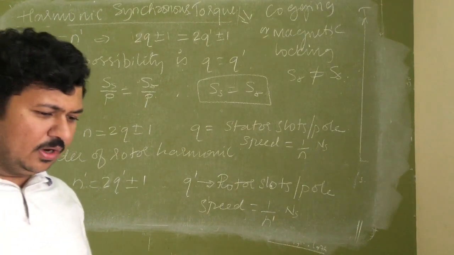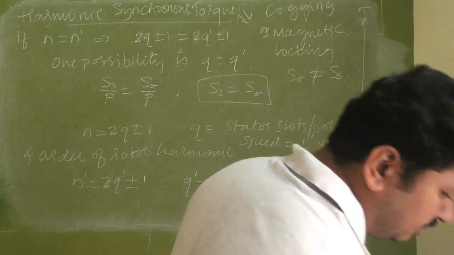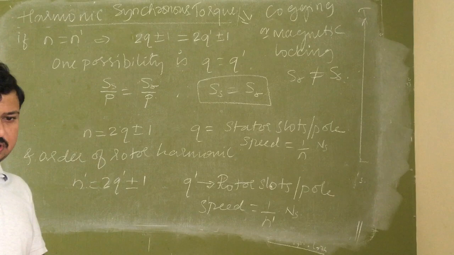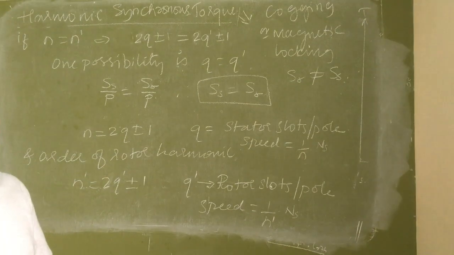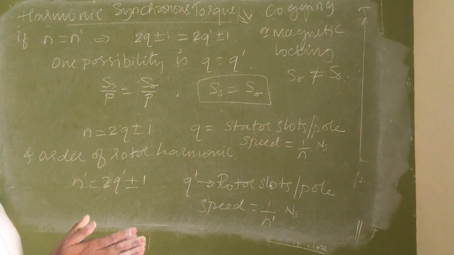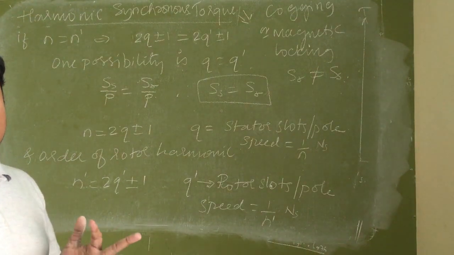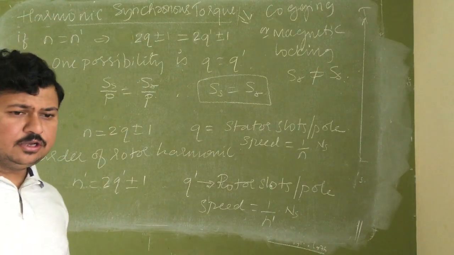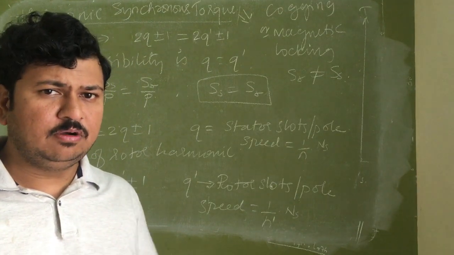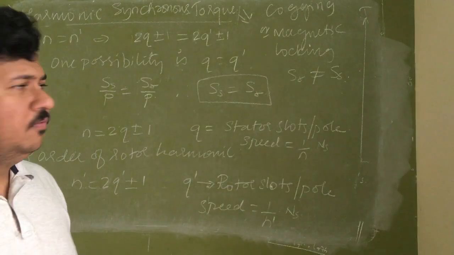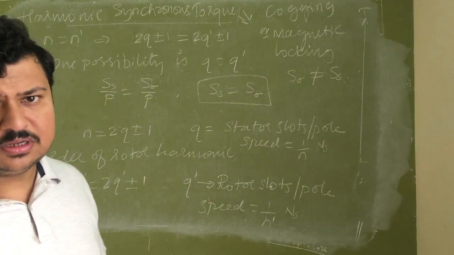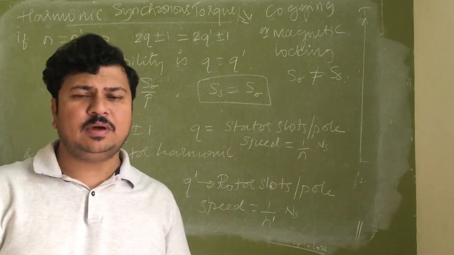So what are the effects of harmonics we have seen? There are harmonic induction torques of 5th order and 7th order. The 5th order harmonic torques are produced with a magnitude higher than the torque requirement of the load, so it won't affect, whereas the 7th order harmonic torques will produce a torque which is much less than the load requirement.